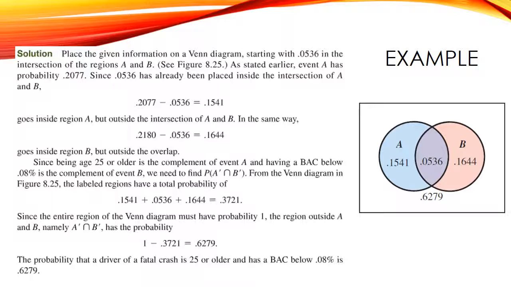And we do that by finding the rectangle outside of the two circles. We use the fact that all of our probabilities need to add up to 1, so we can add the numbers inside the circles and subtract from 1, and we get 0.6279, meaning the probability that a driver of a fatal crash is 25 or older and has a blood alcohol content below 0.08 is 0.6279.